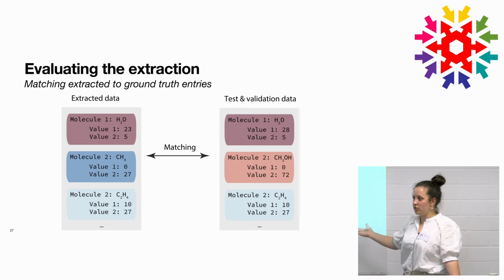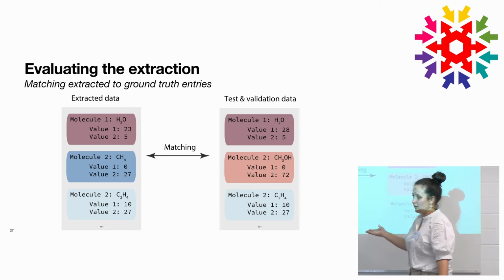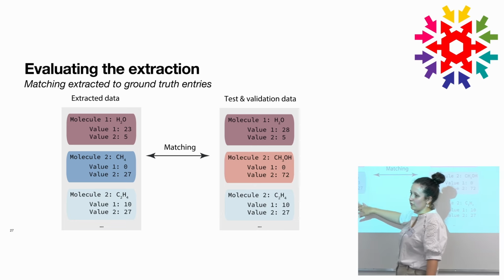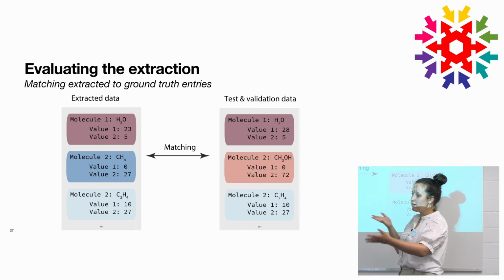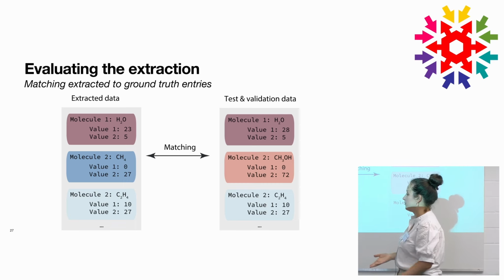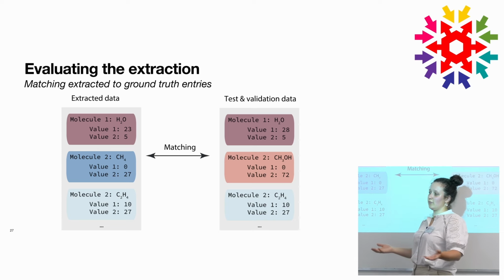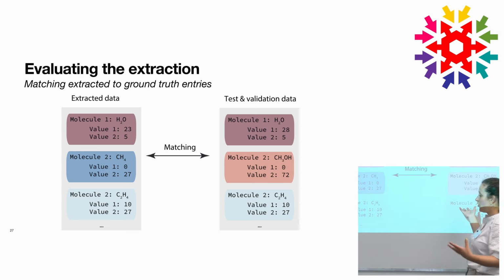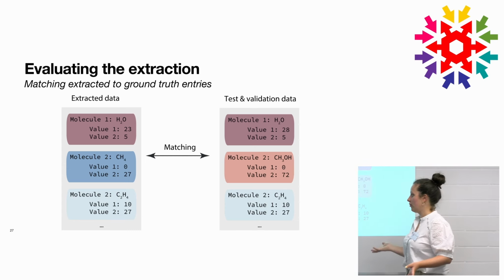And now the first question is, how do we actually compare them? Because maybe the model extracted 3 molecules, but in our extracted data, we have just 2. So which of those do we compare? Or maybe the model hallucinated and extracted some stuff that is not in the test and validation data and is actually completely wrong.